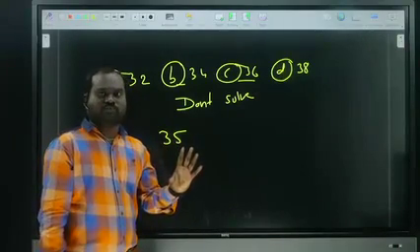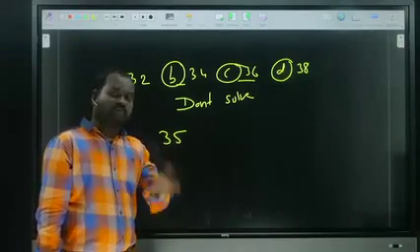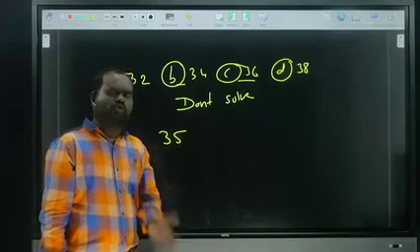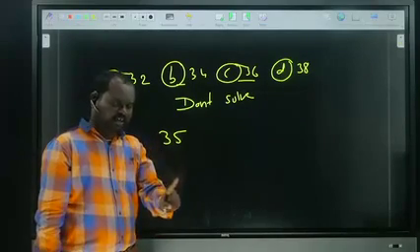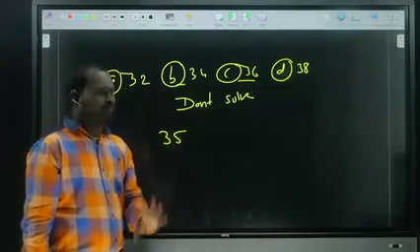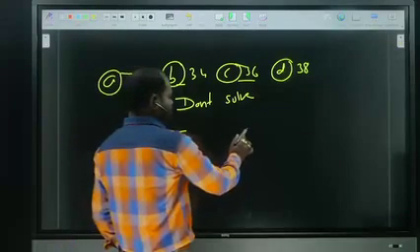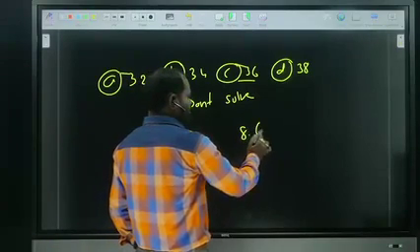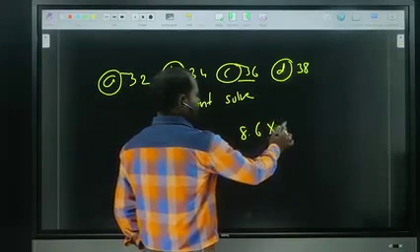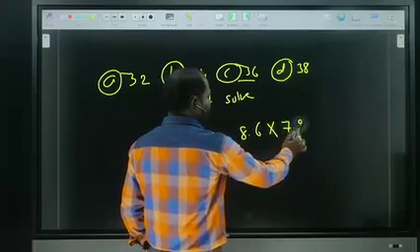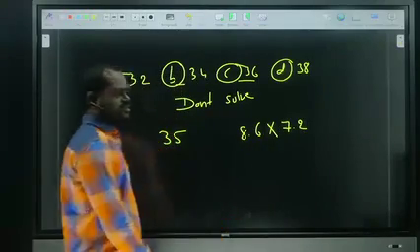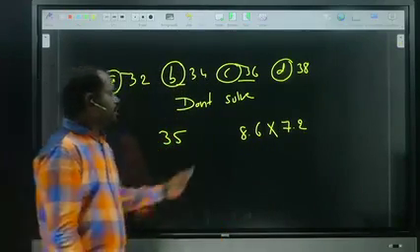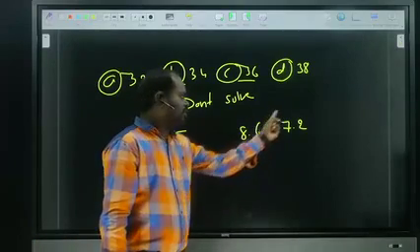Skip the question. If in case you want to do it compulsorily, at that time don't round up. For example, somewhere a question like this, 8.6 into 7.2. So don't make this one round 9 and this one round 7.